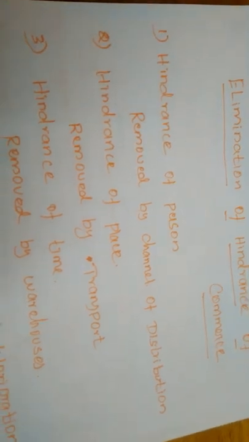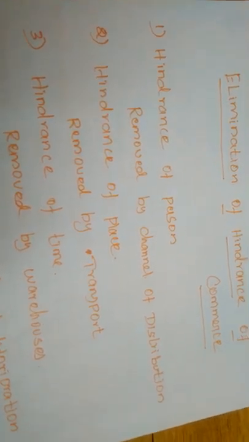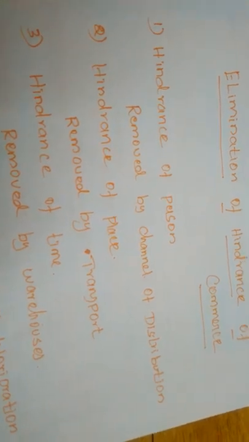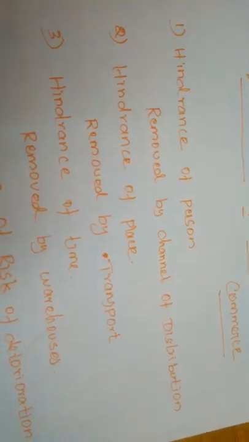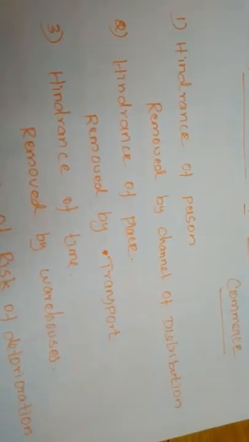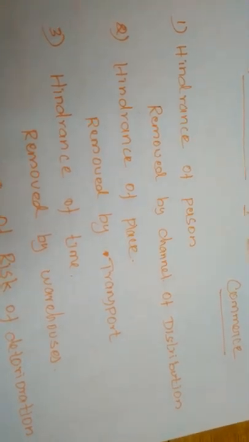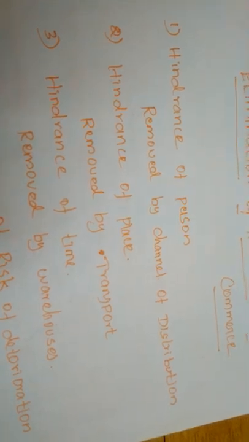The product is produced in one corner of the world, but the demand for that product is in another corner of the world. So there is no direct contact between the consumer and the producer. The absence of direct contact between consumers and producers is called the hindrance of persons.